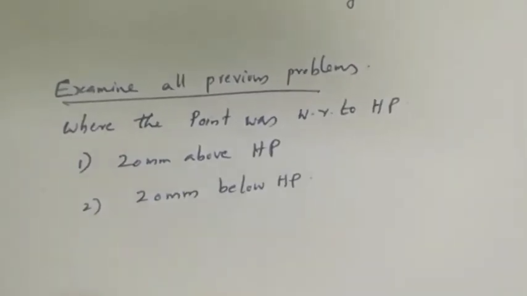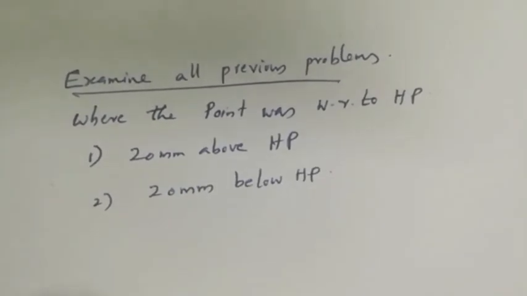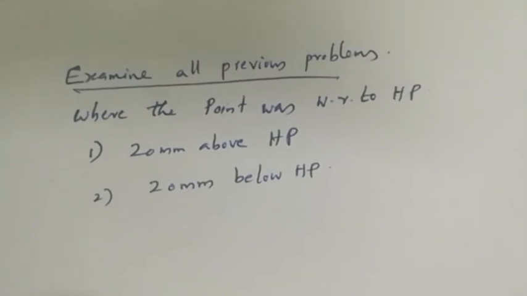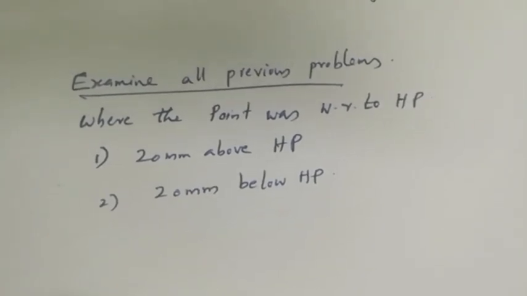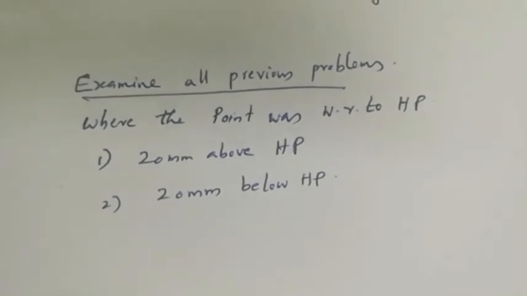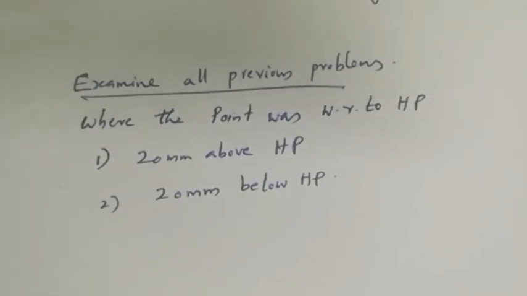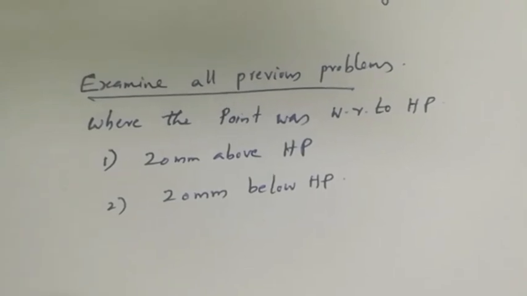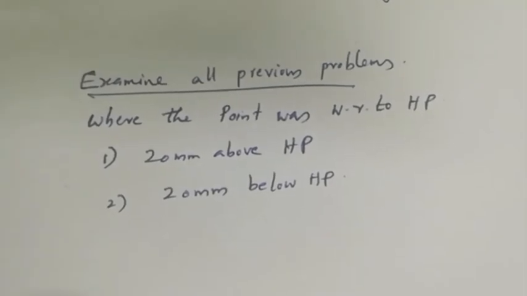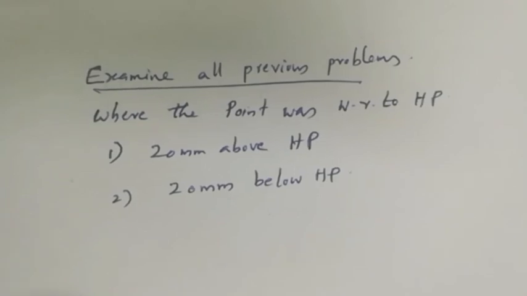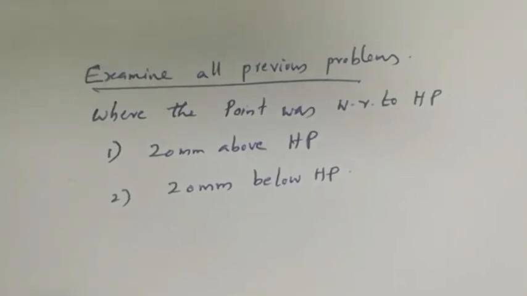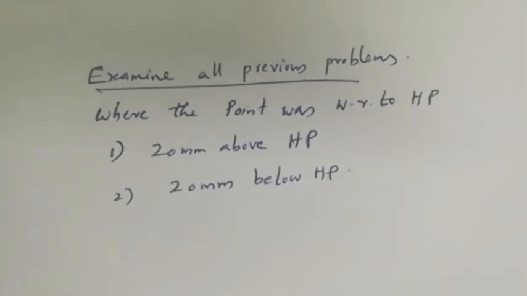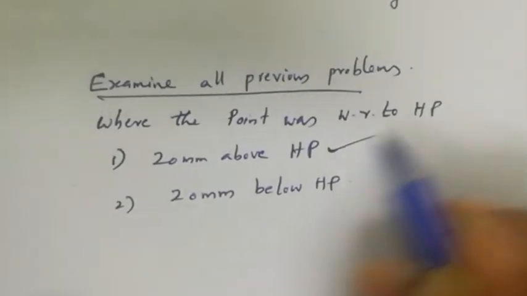Now if we examine all the four previous problems, let us check where the point was with respect to HP. In the first problem, the point A was 20 mm above HP. In the second problem also, the point B was 20 mm above HP.